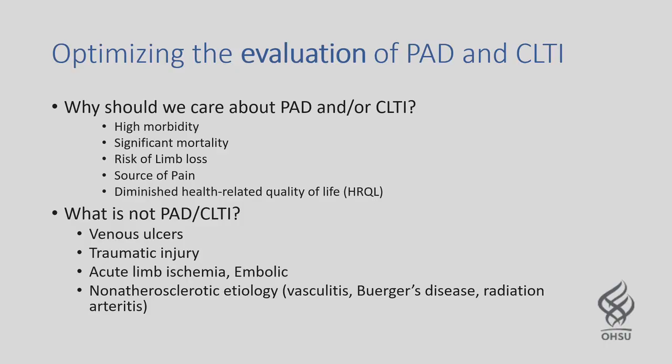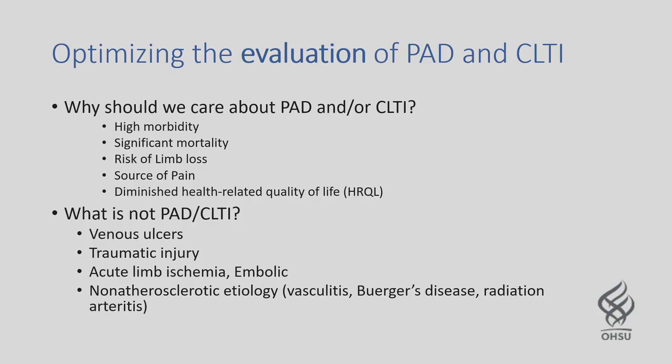What PAD or CLTI is not, or at least what I'm not going to be talking about today, are venous ulcers, traumatic peripheral vascular injuries, acute limb ischemia, typically an embolic or thrombotic phenomenon. You may remember your 6 Ps, and that's not what we're talking about, because that's a surgical emergency. So they have pain, pallor, pulselessness, poikilothermia, paresthesias, and late paralysis.